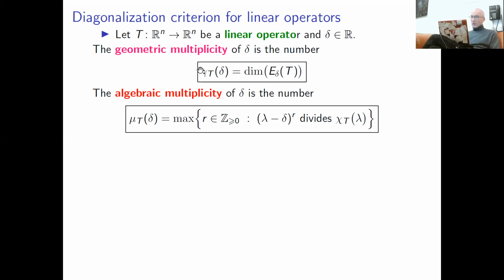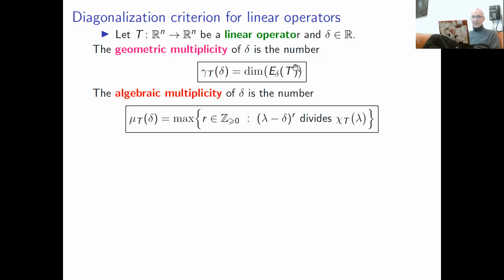As for matrices, we denote it by gamma T of delta. If delta is an eigenvalue, then this space has positive dimension. This space is the kernel of the standard matrix of T minus lambda times the identity.